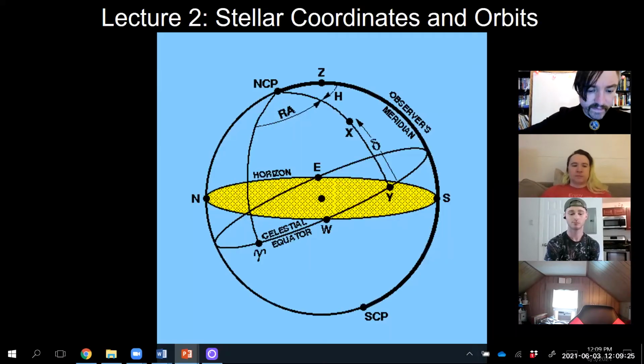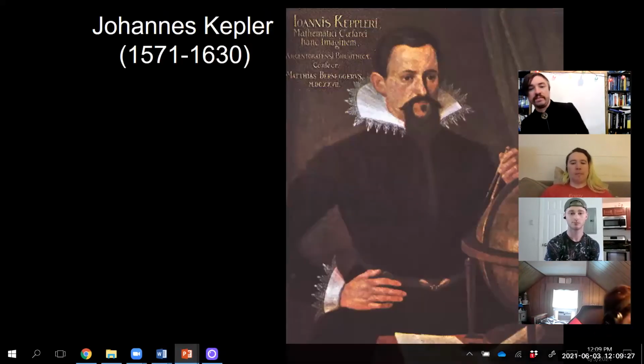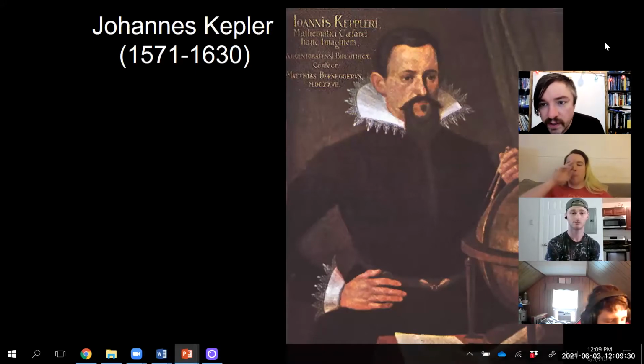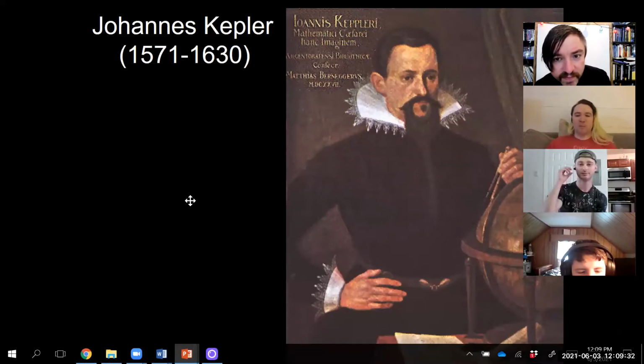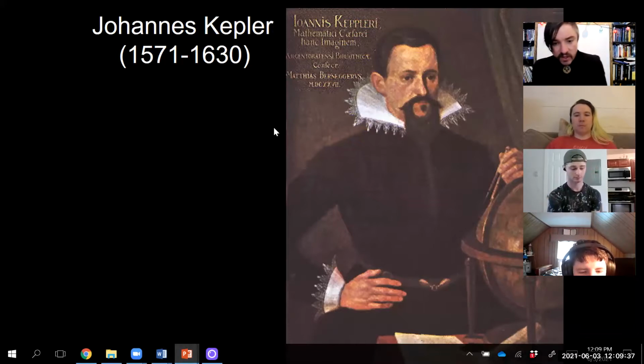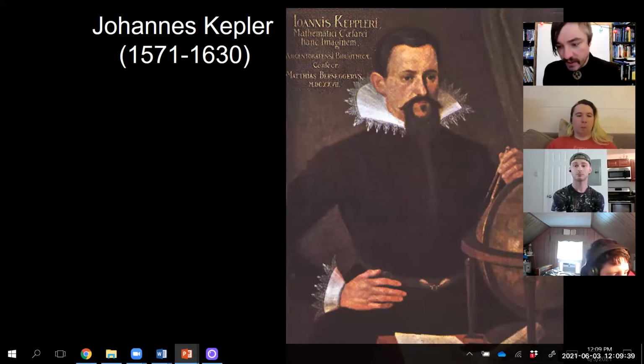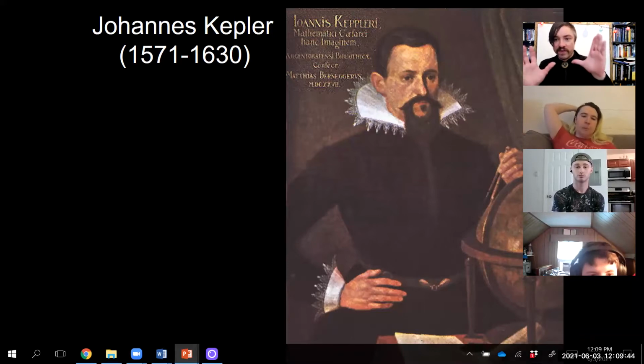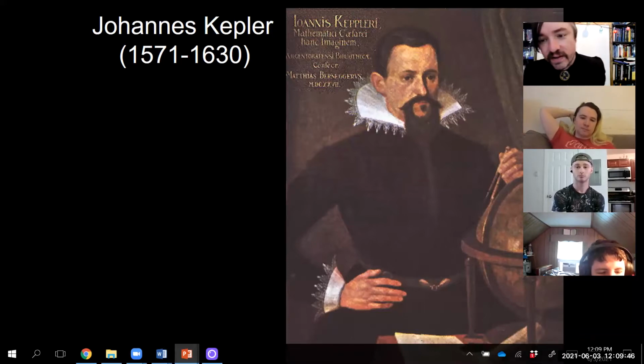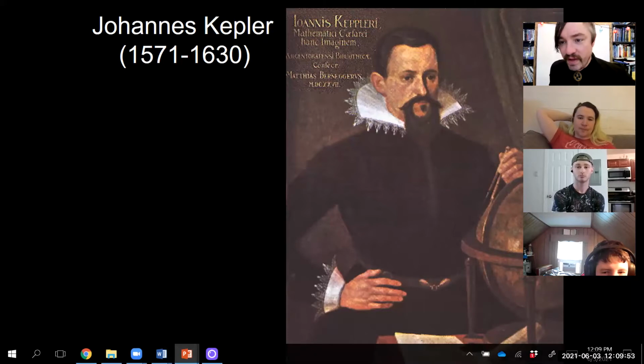So here's our painting of the great Kepler. You learned that he had 3 laws of planetary motion, which described how planets orbit around the sun. These are extremely useful. That's why they have been codified as laws in physics and astronomy. They are technically not perfectly true, but they are true in so many instances, 99% of the time, that they end up being a very useful thing to study and a good starting point.